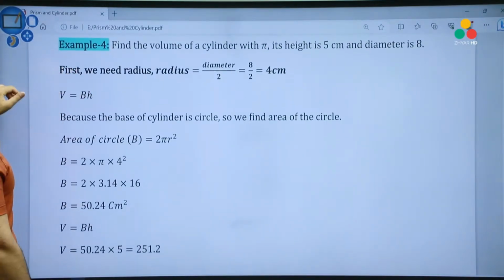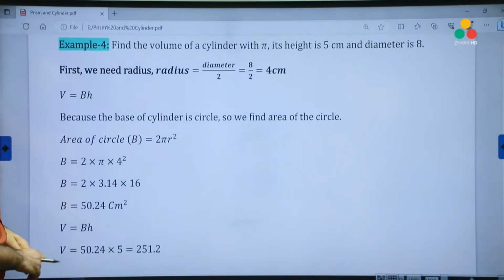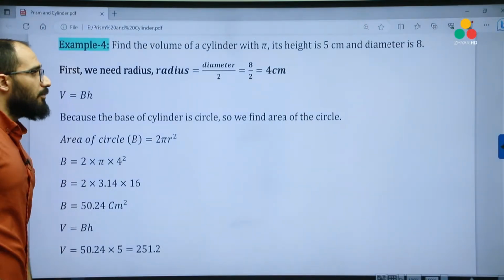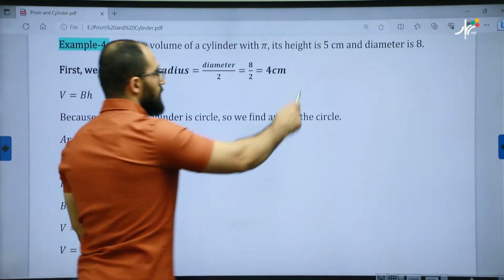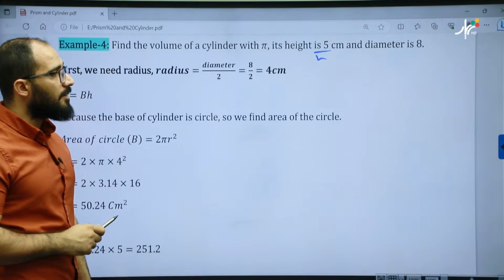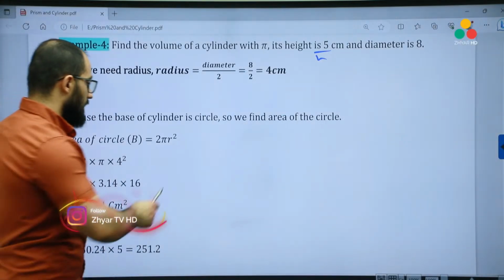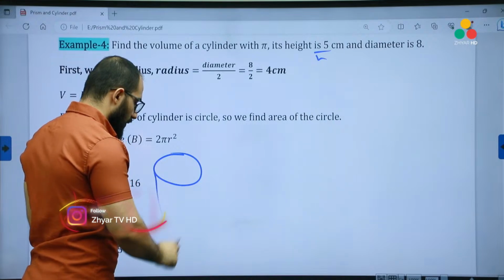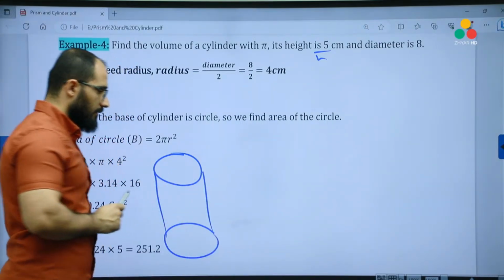Then example 4. Find the volume of a cylinder with pi. Its height, this is h, let's say 5 centimeters, and the diameter is 8. We know that the base of a cylinder is a circle.